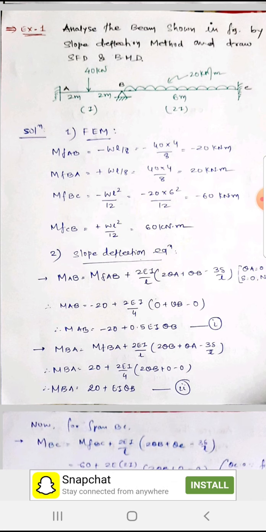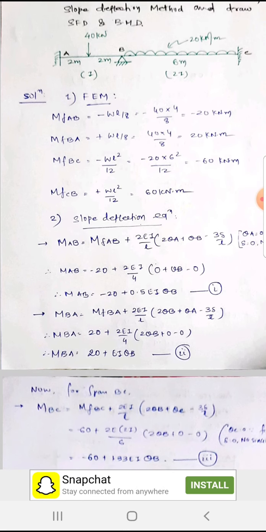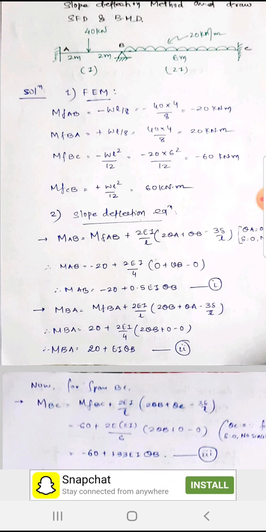It is the fixed end moment for the UDL and we can get the value, that is 60 kilonewton meter, but it is minus because left side moment is minus and right side moment is plus. That's why fixed moment MFCB is plus 60 kilonewton meter. The first step is over.